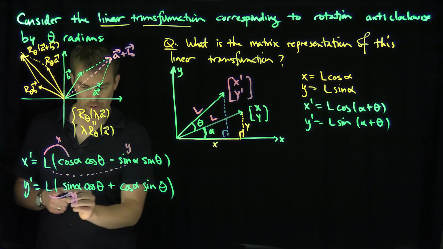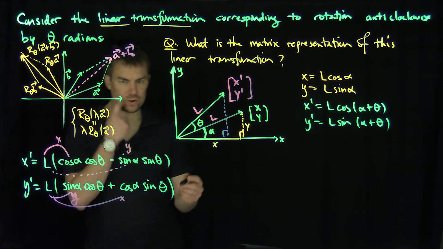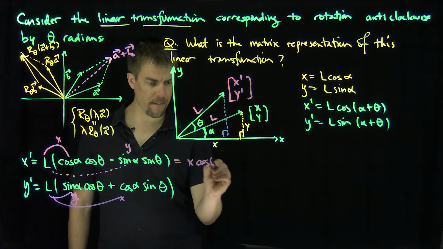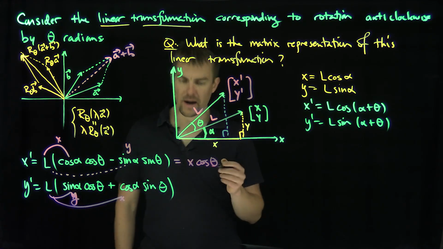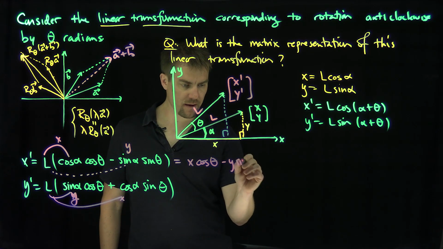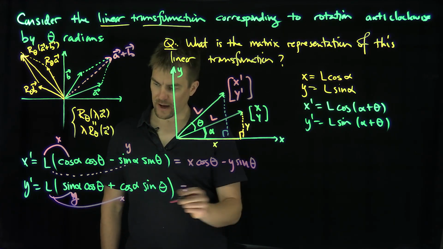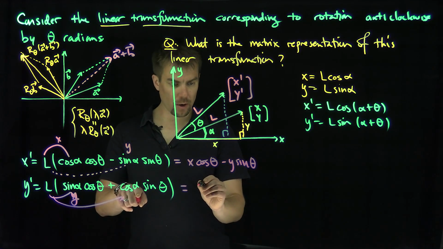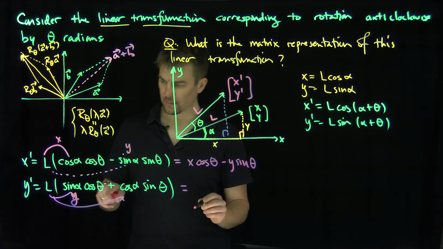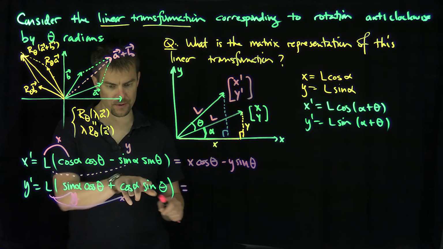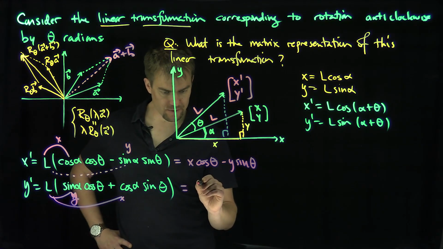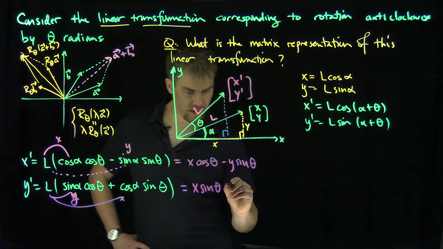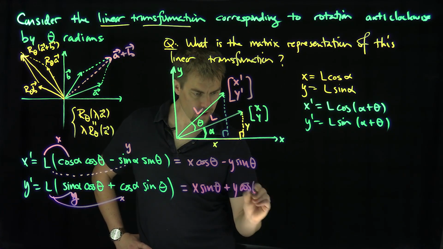So what does this simplify to? x prime simplifies to x times the cosine of theta, minus y times the sine of theta. And my y prime simplifies to x times the sine of theta, plus y cosine theta.